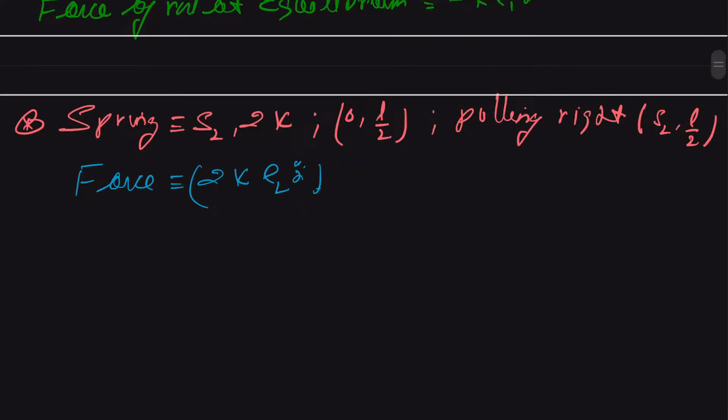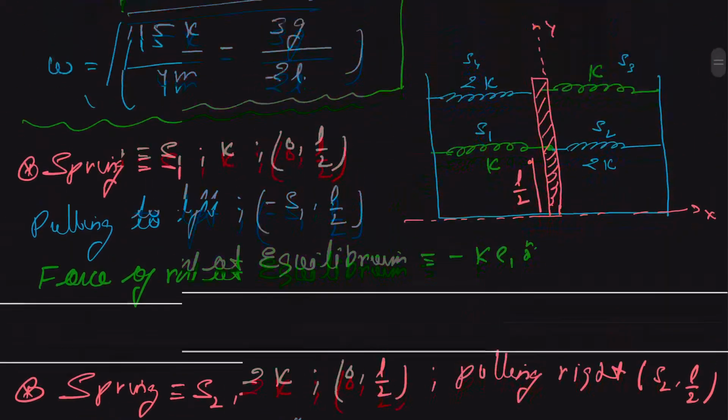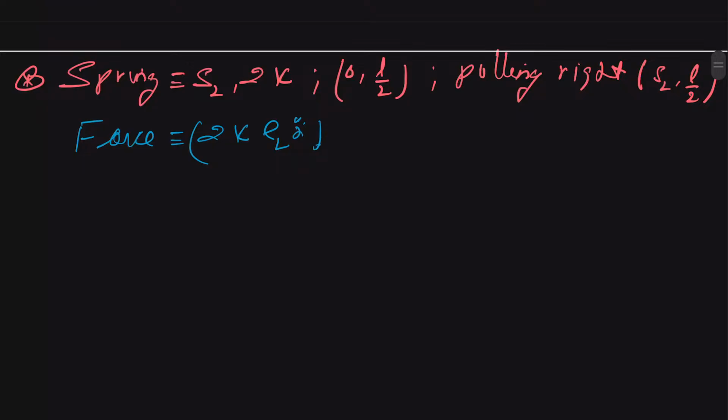And now we come to the top spring. Top spring is our S3. So spring is our S3, constant is our K, and it is attached at 0, L, and it is pulling towards the right.